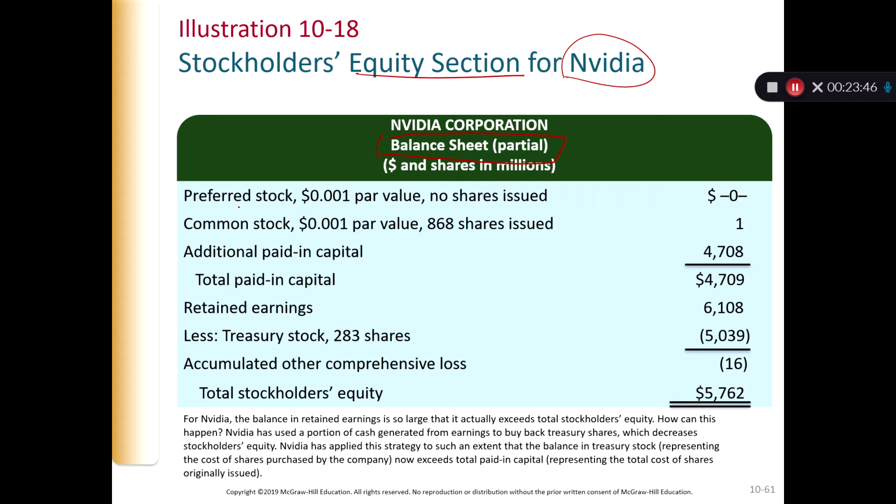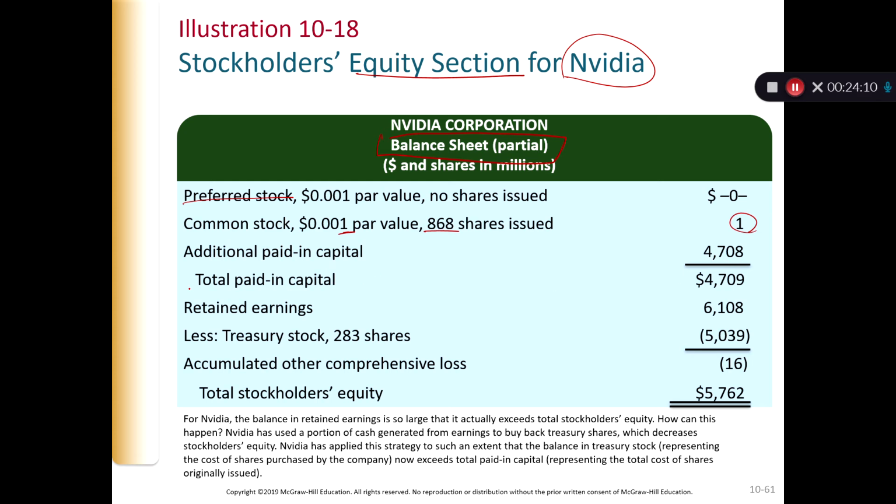This company apparently does not have preferred stock, but they have common stock with a legal par value. They issued common stock with par value for 868 shares, so it's almost $1. And then with those common stocks traded on the market, they have additional paid-in capital of $4,708.